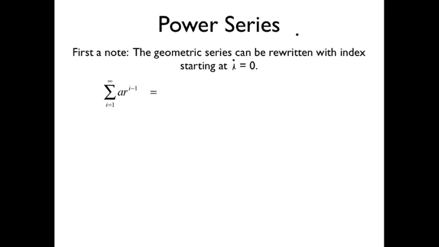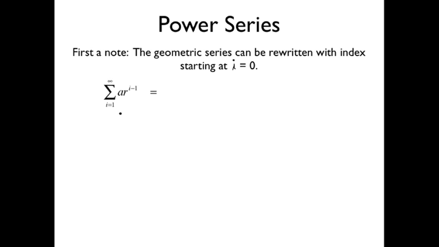Okay, so before we talk about power series, we should recognize this as our geometric series, right? And so in your homework you'll see, and in the future you'll see lots, these series can be written starting from i equals 0, not i equals 1. Why did we start with i equals 1? Because we were taking a series as what? The sum of the terms of the sequence.